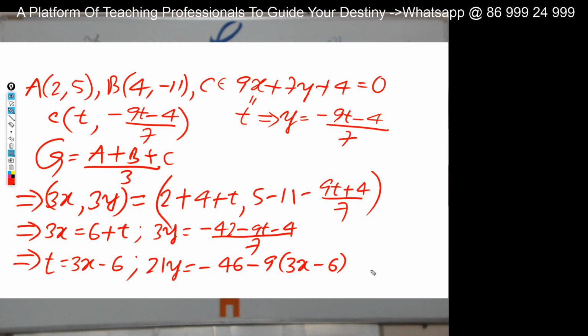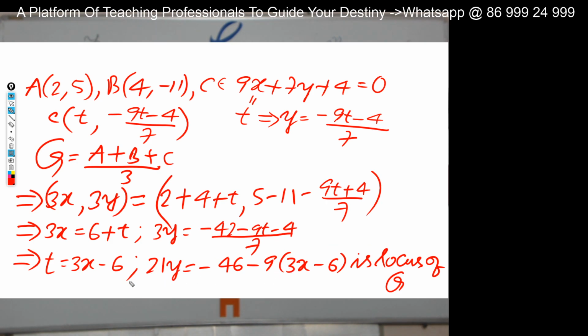That's what the locus of G is. Now let us check for the slope, please.